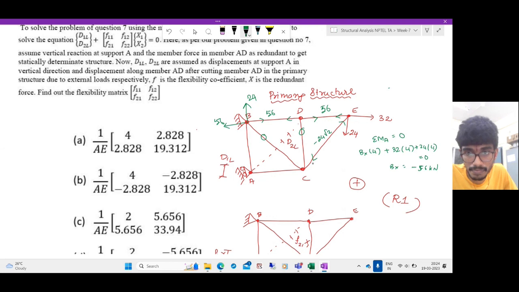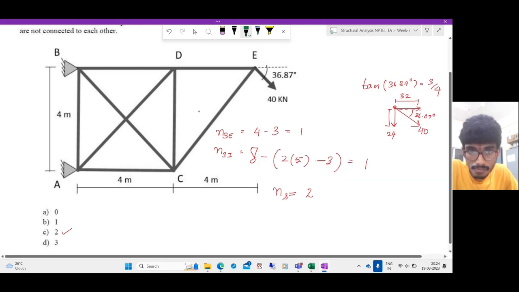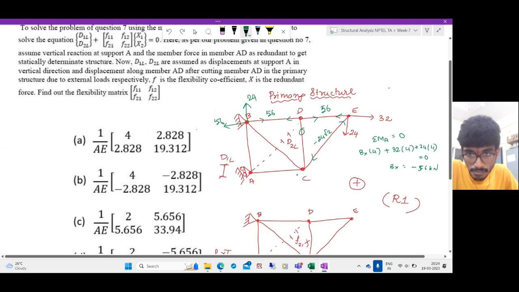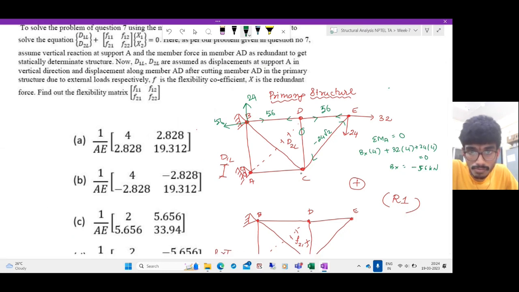Sorry, 24 acting at 8. So 48 plus 32 is 80.